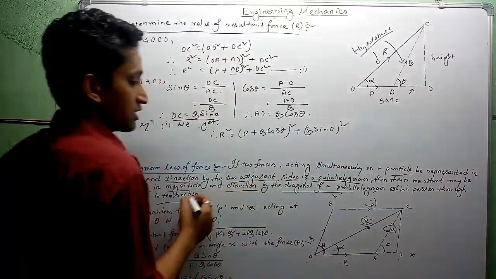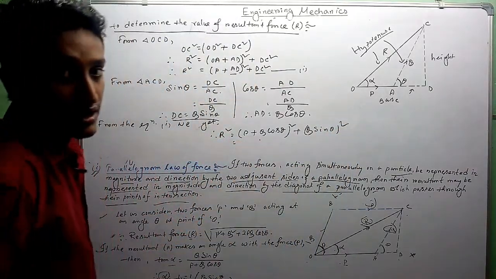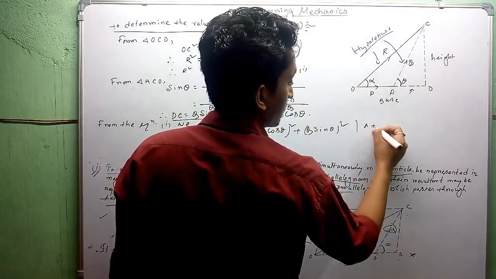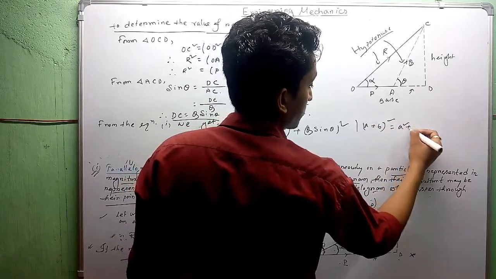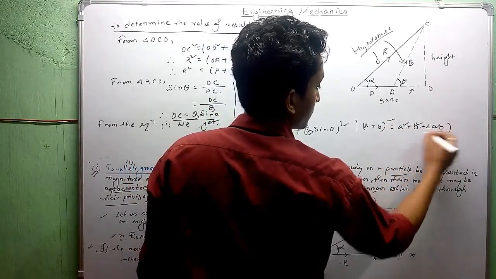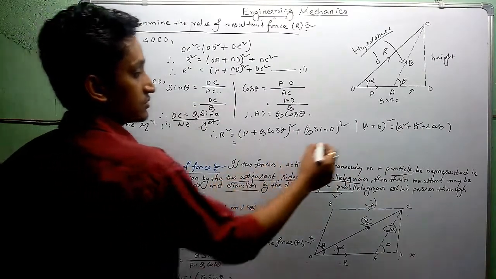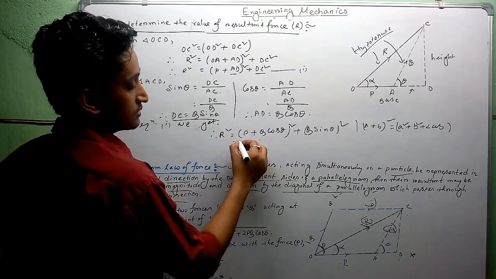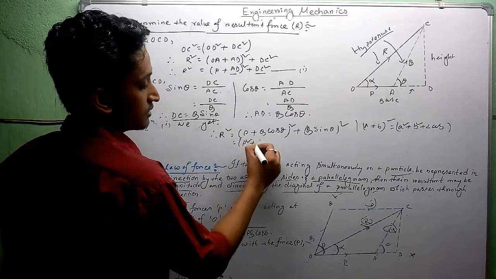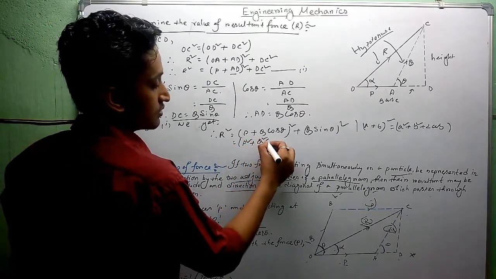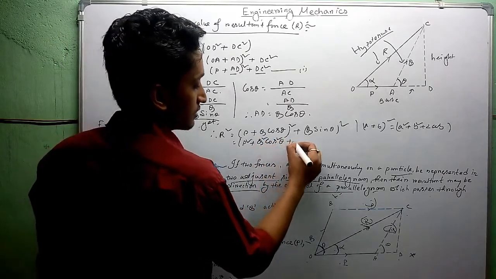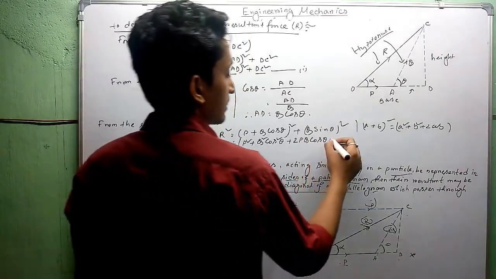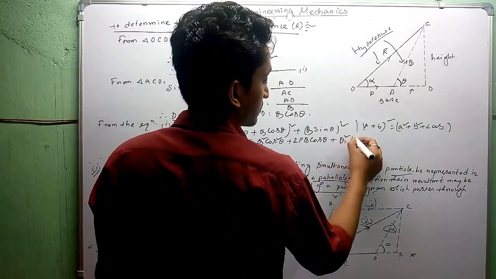We can use the formula (A plus B) whole square is equal to A square plus B square plus 2AB. Putting the formula, we can write P square plus Q square cos square theta plus 2PQ cos theta, plus Q square sine square theta.